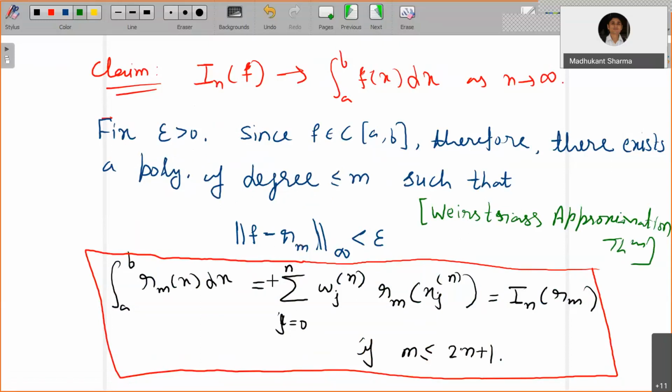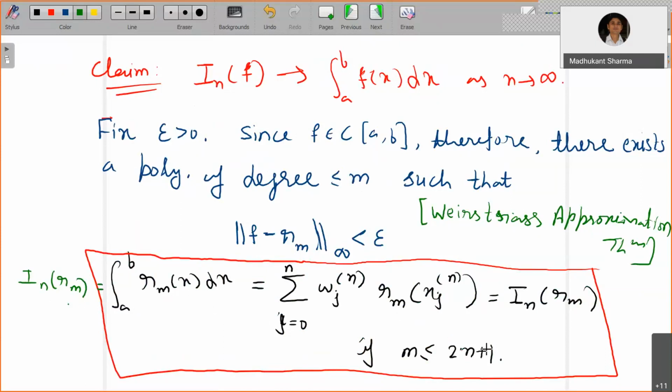Okay. Now note that the integration a to b. So I am calculating In of Rm. You can see, whenever the degree is less than or equal to 2n plus 1, this is going to be exact. So this In of Rm will give you the integration a to b Rm of x.